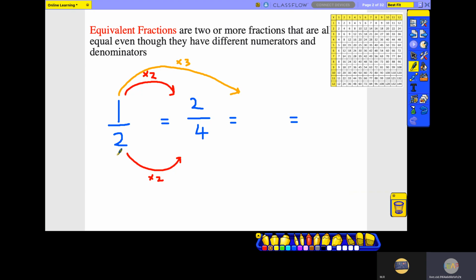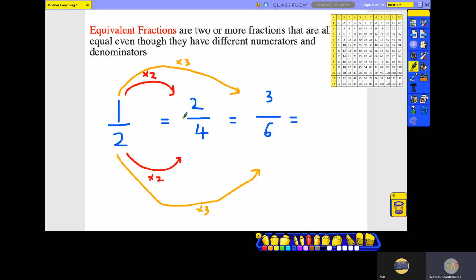So you multiply that by 3 also. 1 times 3 equals 3, and 2 times 3 equals 6. So again, we've got our half, 1 over 2 equals 2 over 4 equals 3 over 6.